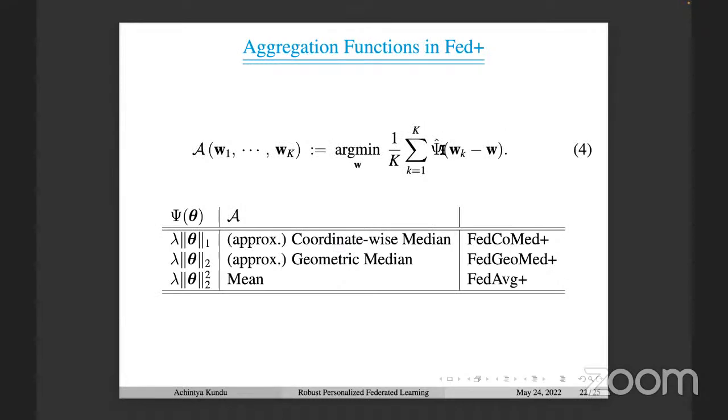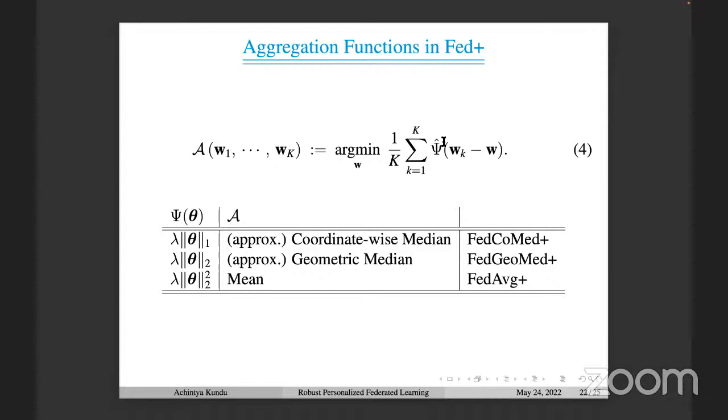So let's look at what we get. Since we don't have psi, we have psi cap here. If we choose these psi functions, then what we get is some approximate version of this, because the psi cap is a smooth version of psi. Originally, geometric median was proposed as a robust aggregation measure for federated learning.